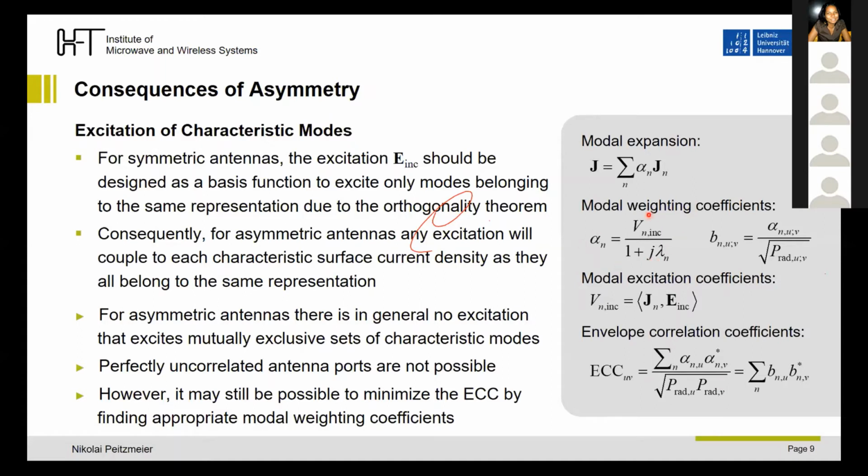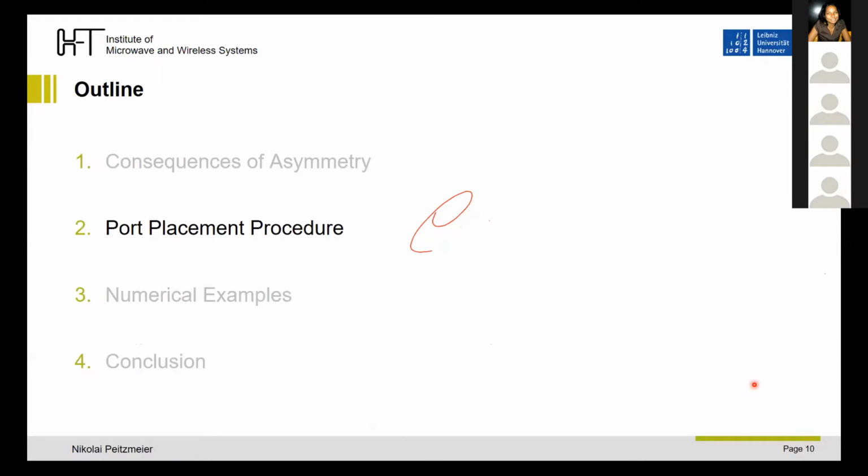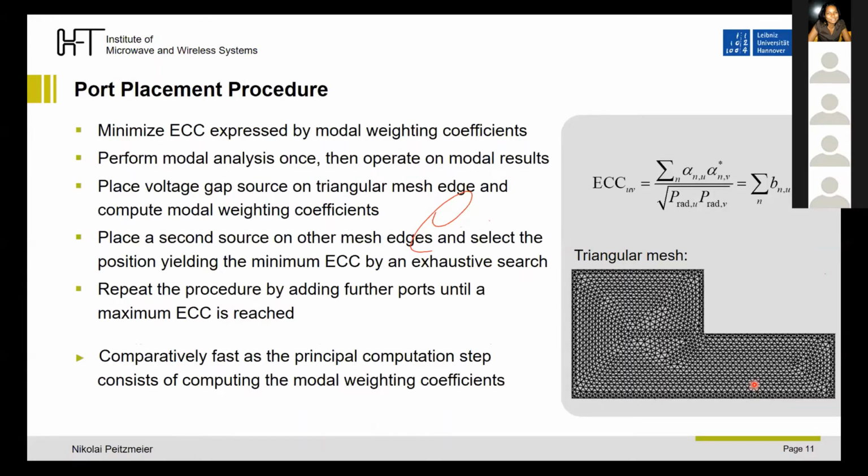This means we can express it by means of modal parameters alone. And that's the motivation for our proposed port placement procedure. So we want to minimize the ECC expressed in terms of the modal weighting coefficients.